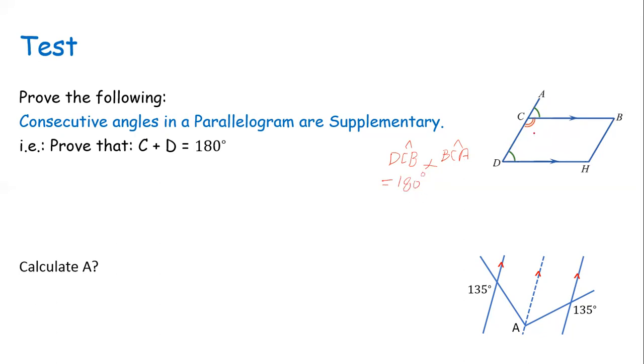However, we know in a parallelogram that CB is parallel to DH.